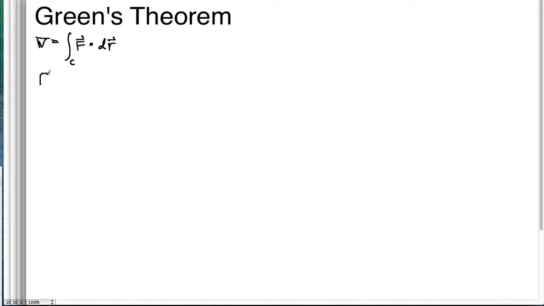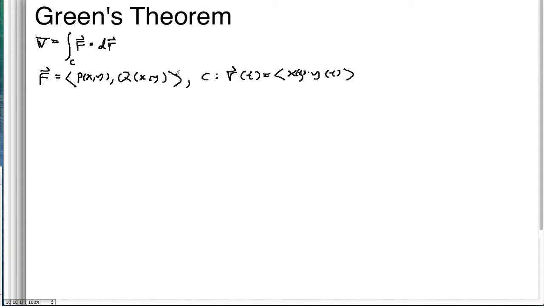So again, F is a vector field, and you can write it as P(x, y), Q(x, y), and our path C is defined by r of t is equal to x of t, y of t. Okay, so we know also that we have several different ways to write this.